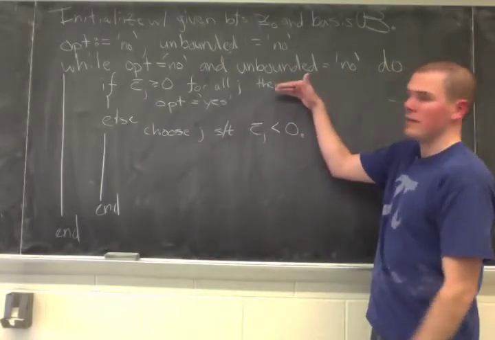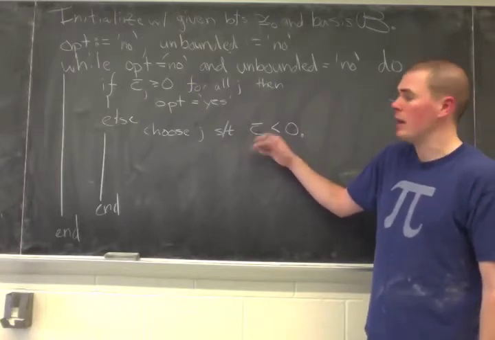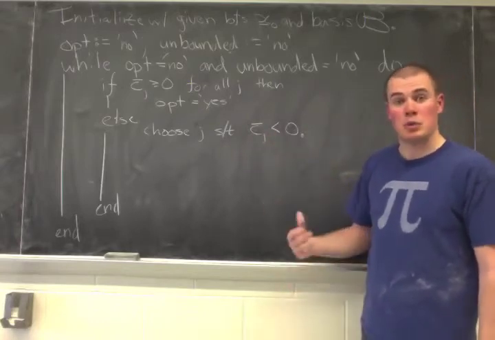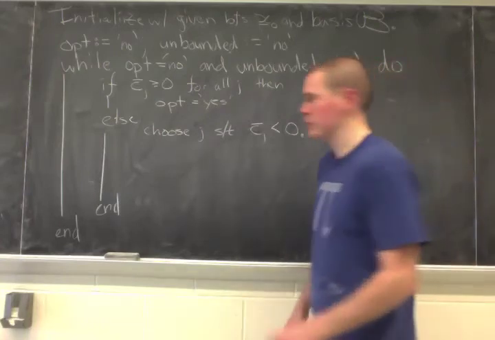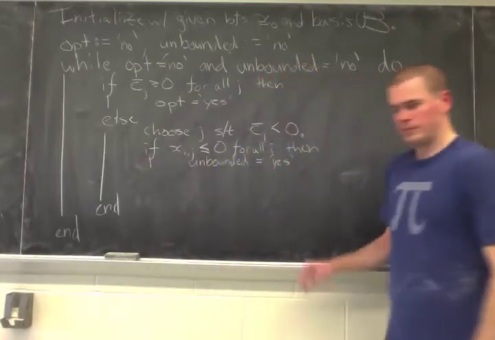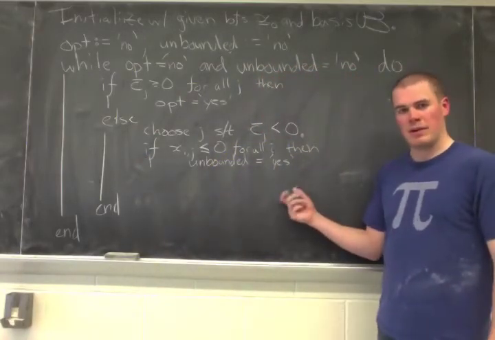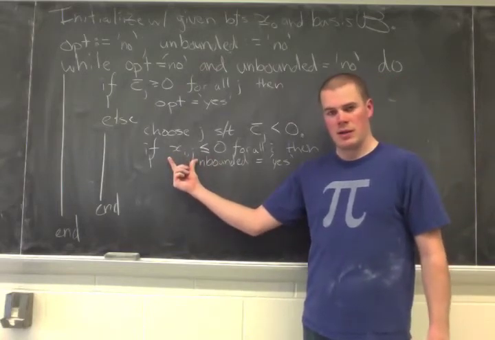If we don't have the optimality condition, we have some relative cost which is strictly negative. We're going to choose that, and what we're going to do is pivot along this. Once I've selected my pivot column, we need to examine the entries xij in that column.